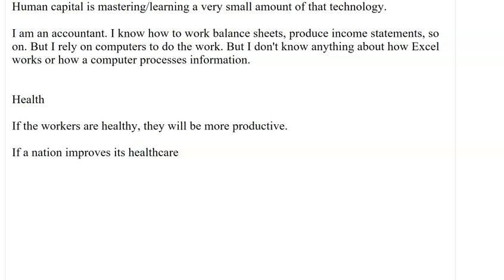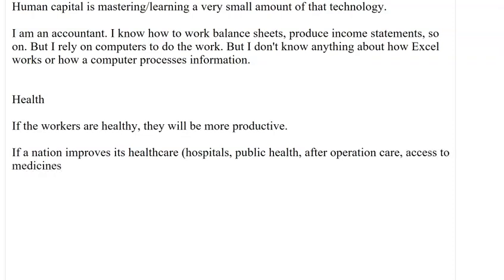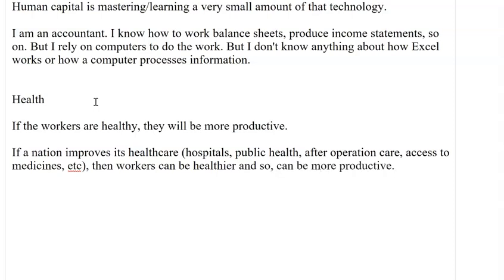It also means that we have better access to medicine and post-operation care that helps us get better. Then workers can be healthier and so more productive. So health becomes very important.